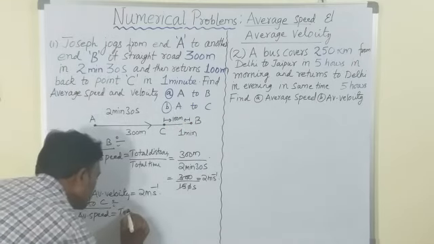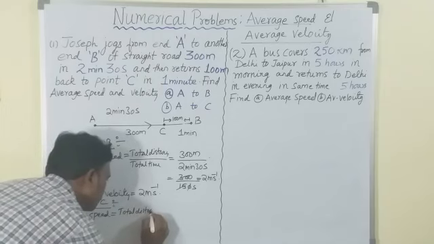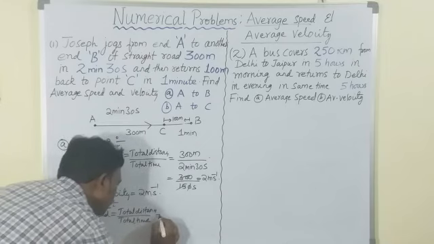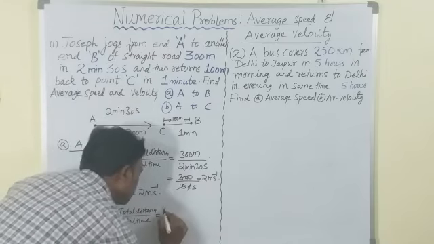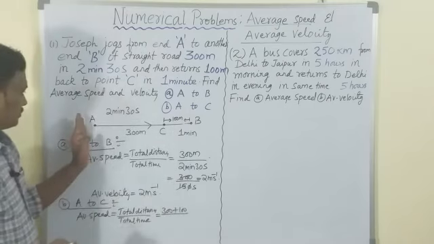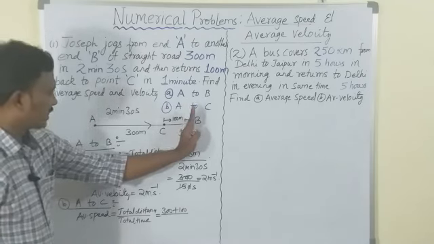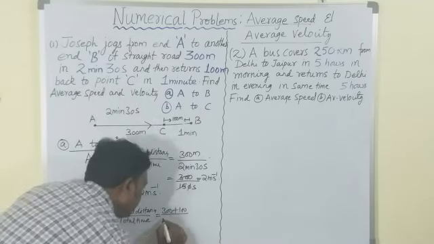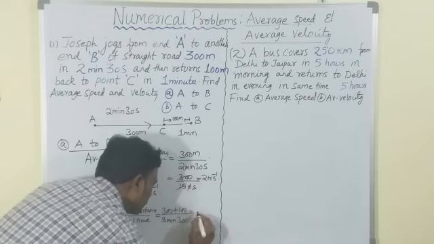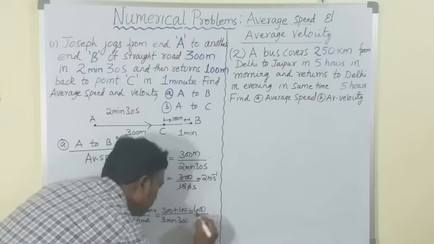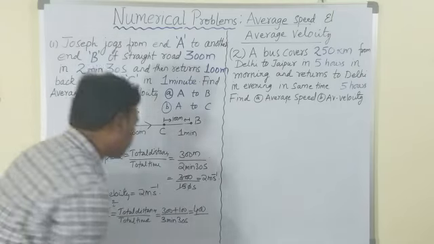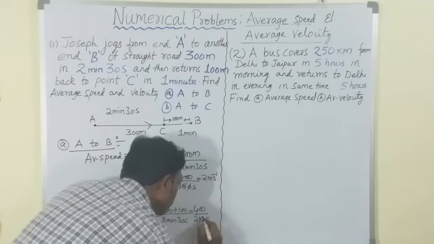The total time is 2 minutes 30 seconds and another 1 minute, so 3 minutes 30 seconds. 60 into 3 is 180, 180 plus 30 is 210 seconds.